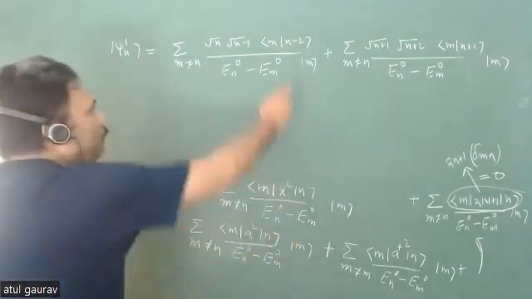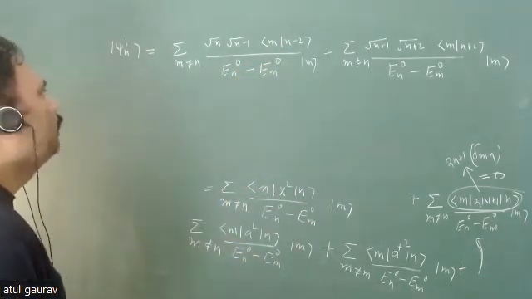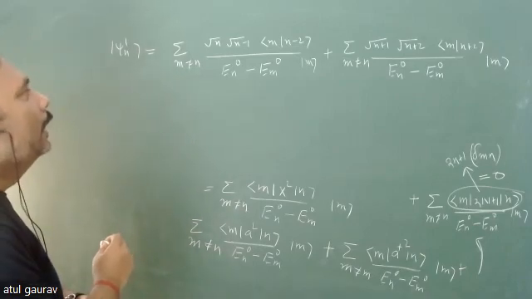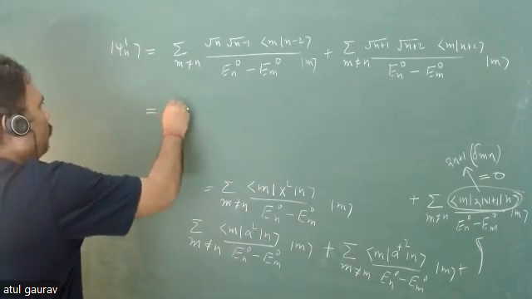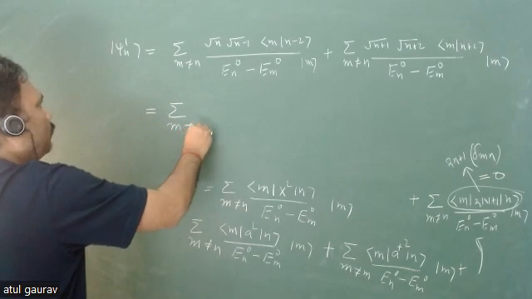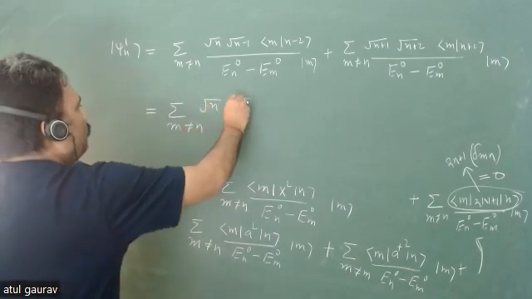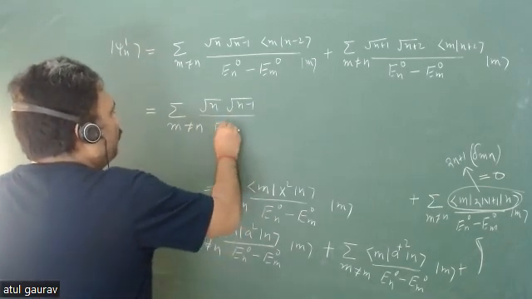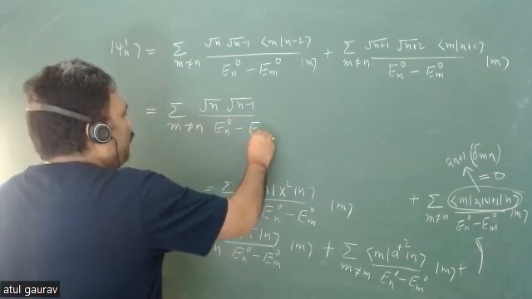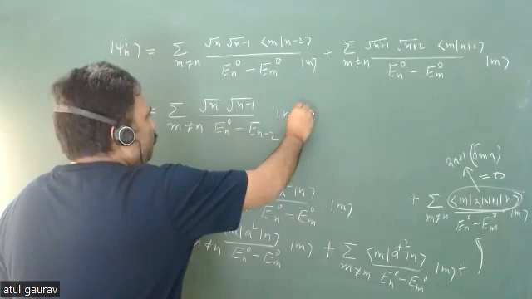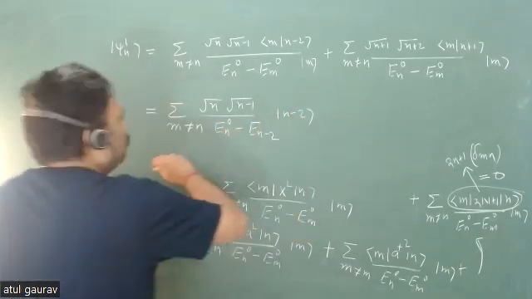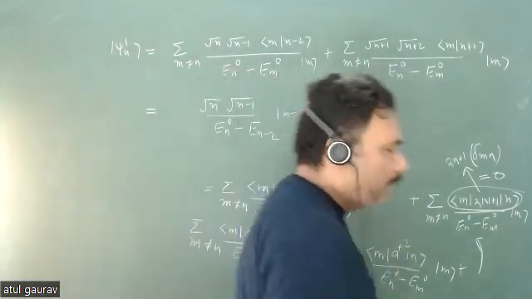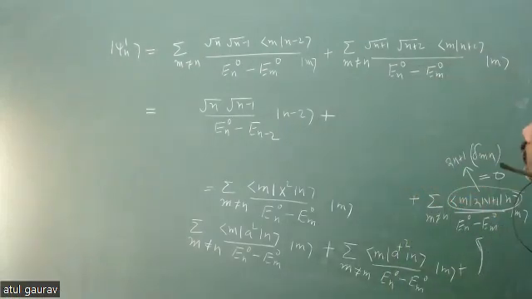Now tell me, for which value will this survive, or will it always be 0? For which value of m will it survive? n-2. Very good. So that value is equal to summation over m is not equal to n, root n, root n-1, and this will survive for En0 minus En-2, and here n-2 will remain there. So now we can finish your summation, right? Next, for which will this term survive? For n+2, right?